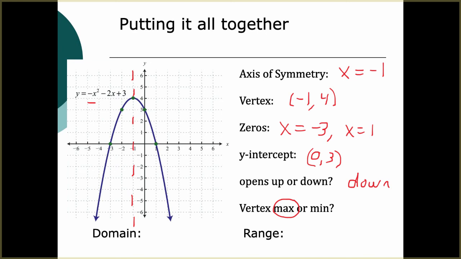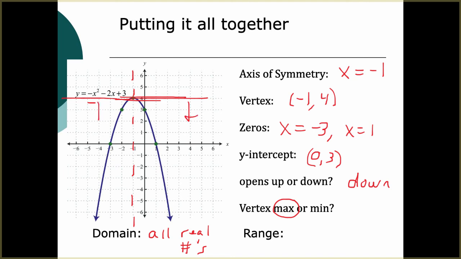And then we have to review some stuff we've done in the past, our domain and our range. Remember, domain is your x value, it's your inputs. So in this case, we can actually put in anything for x. So our domain is all real numbers. Our range is our y values, it's our outputs. And if you notice, all of our y values are at the vertex or lower.